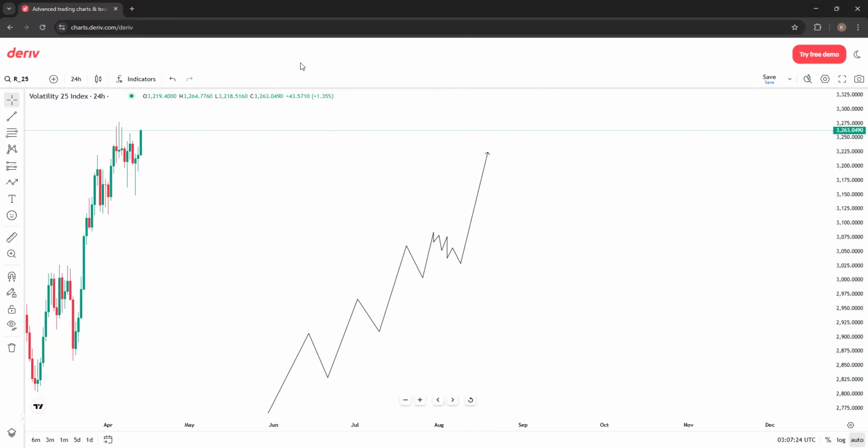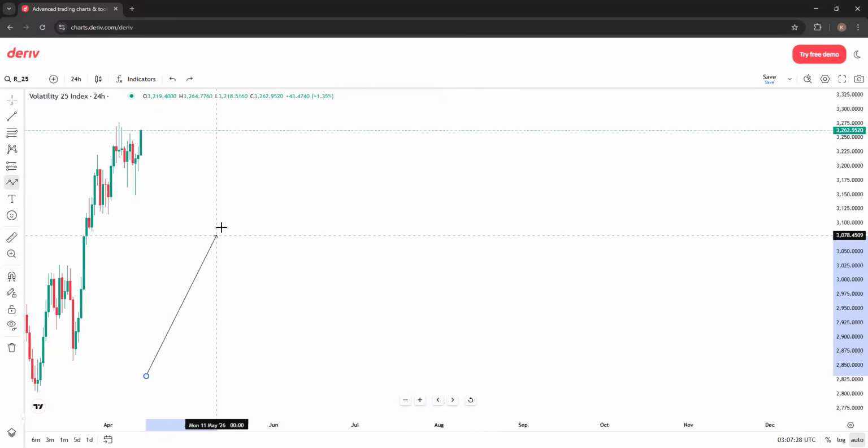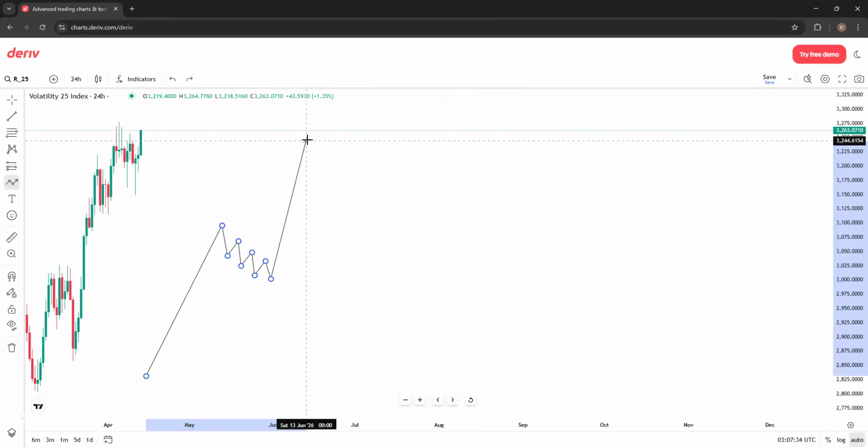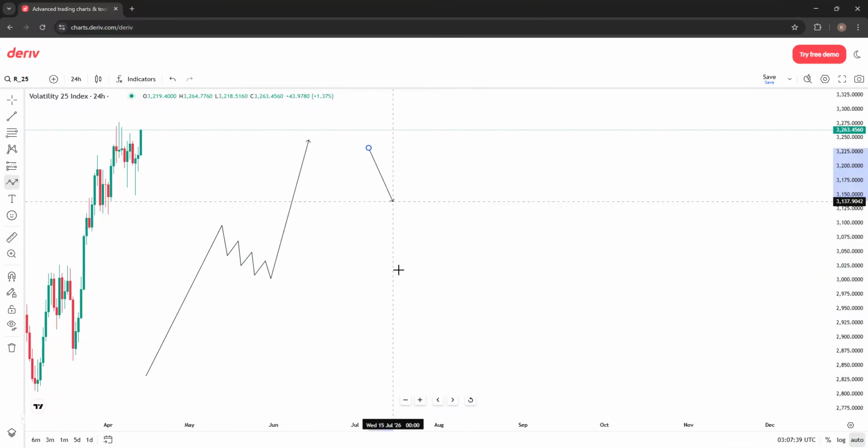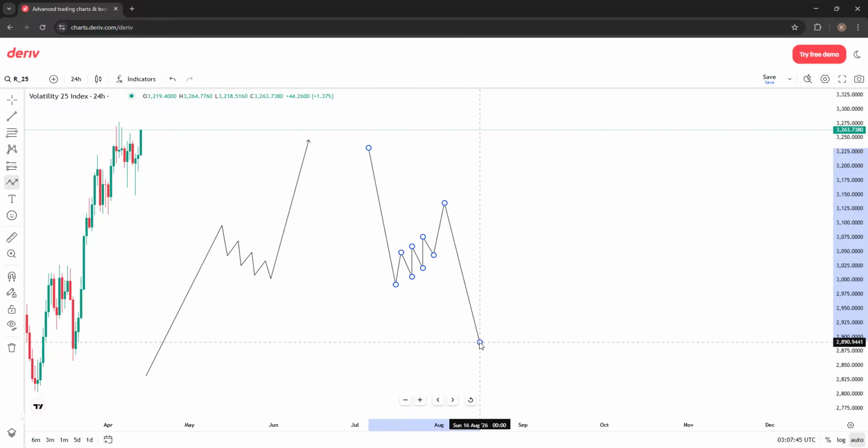The first one is our bullish flag, which faces downwards and then breaks going up. And then we have a bearish flag, which faces upwards and breaks going down, right? Now, these are continuation patterns.